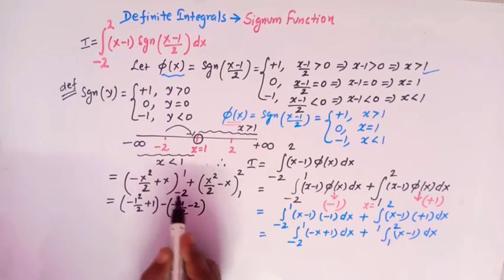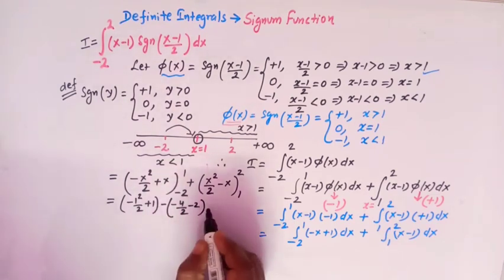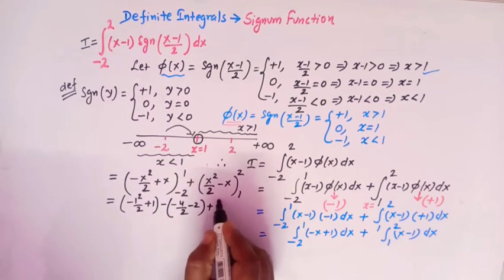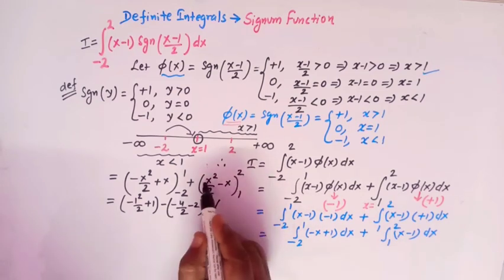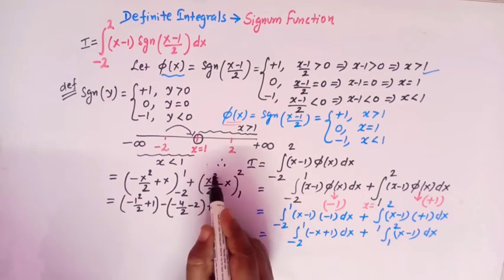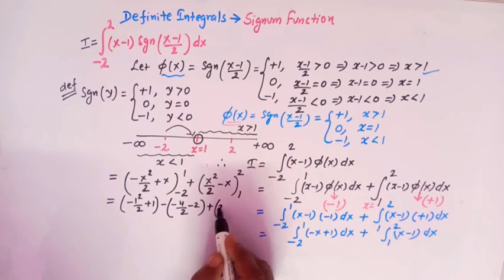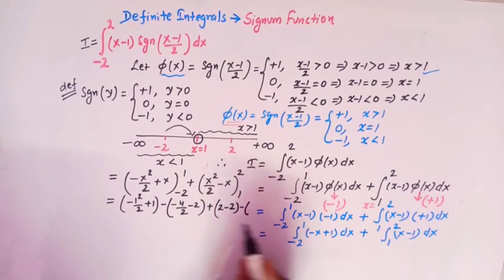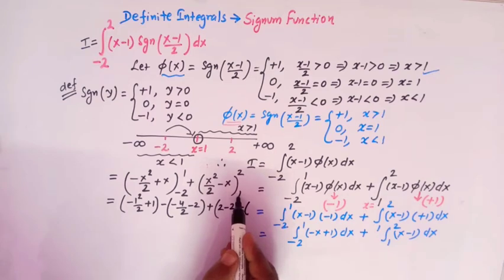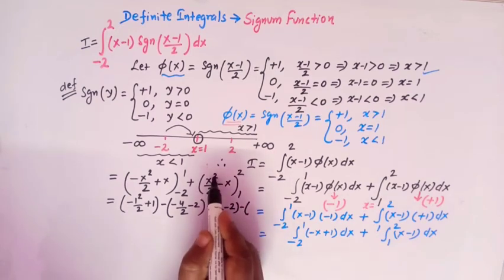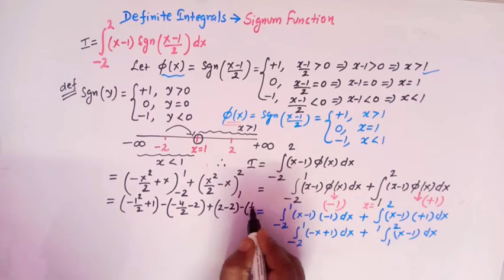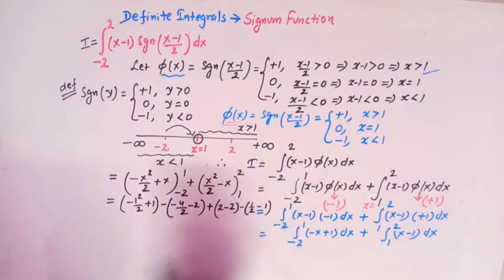Then for the second integral, 2 square, that is 4 over 2 is 2, minus 2, and for x equal to 1, 1 square is 1, so 1 over 2 minus 1.